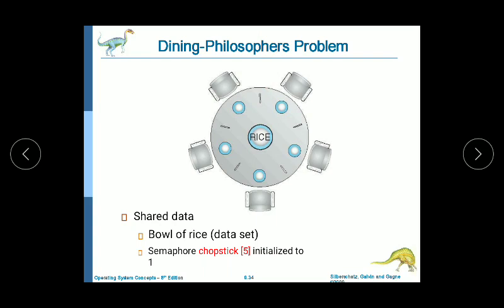When a philosopher thinks, she does not interact with her colleagues. From time to time, a philosopher gets hungry and tries to pick up the 2 chopsticks that are closest to her, the chopsticks between her and her left and right neighbors.